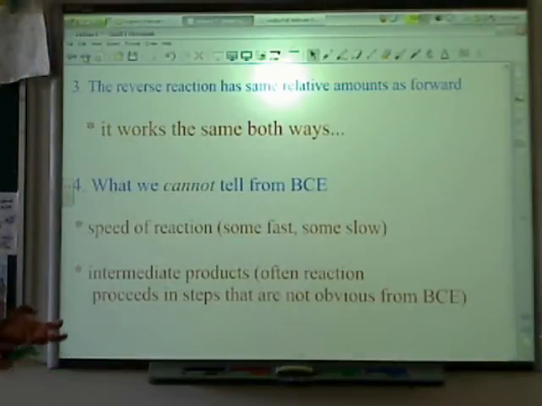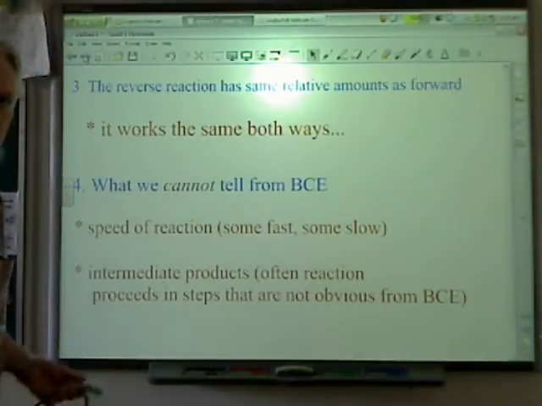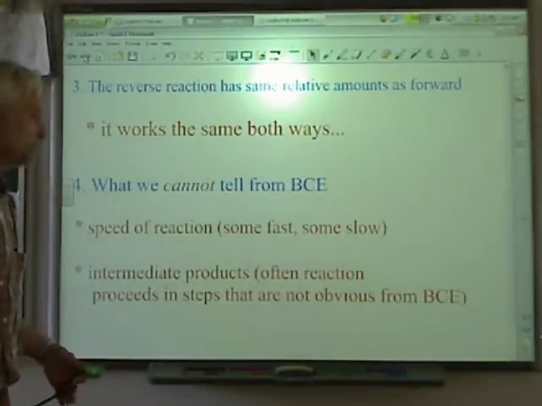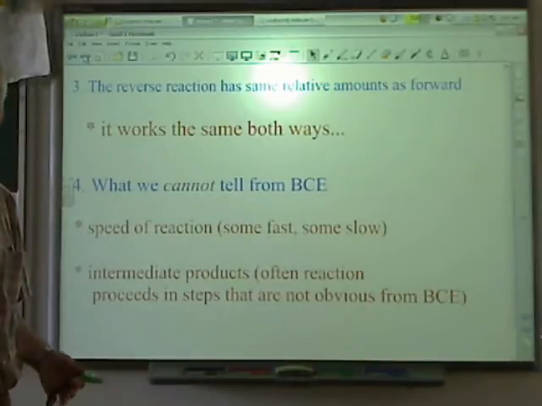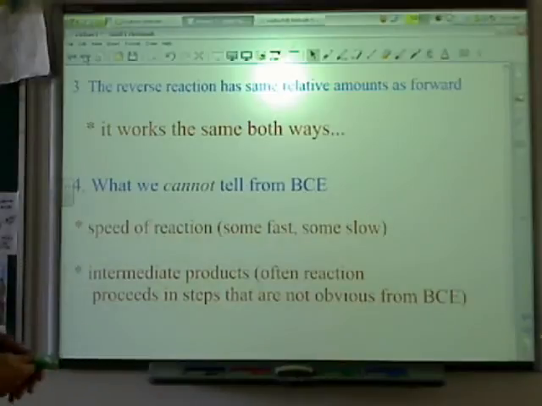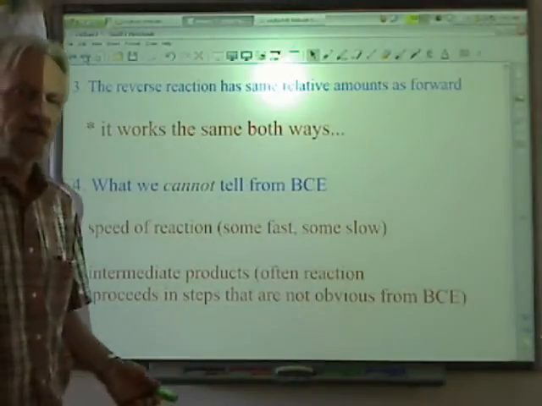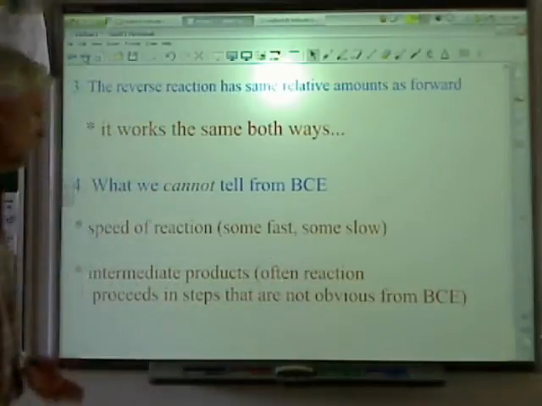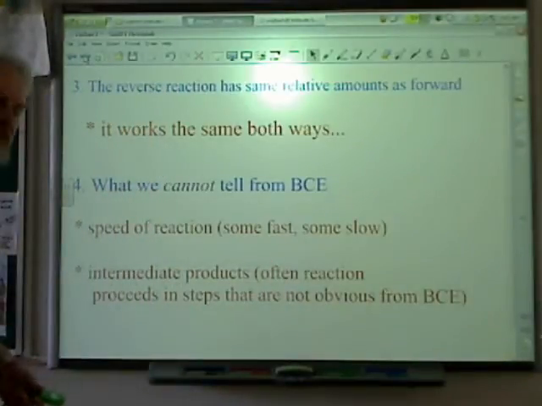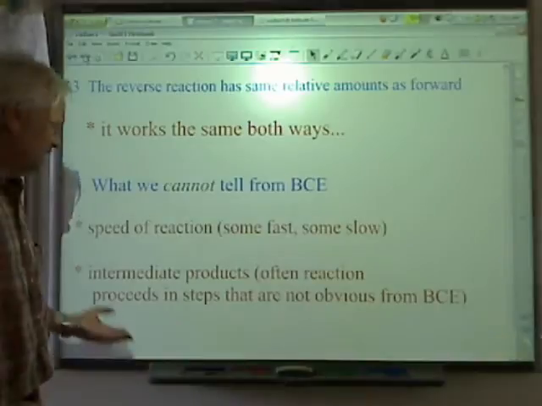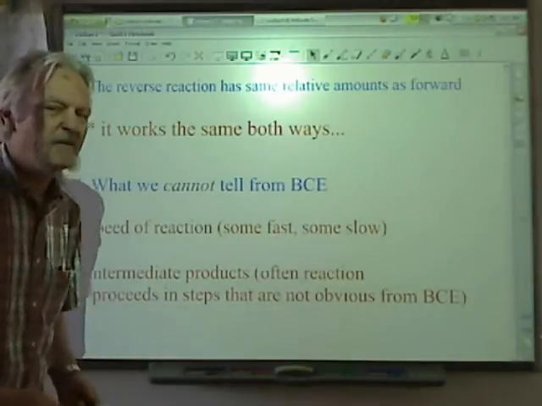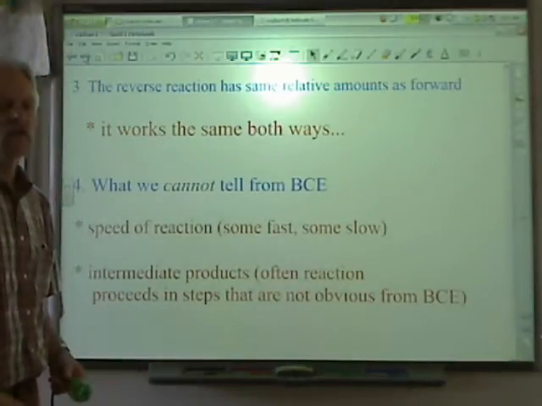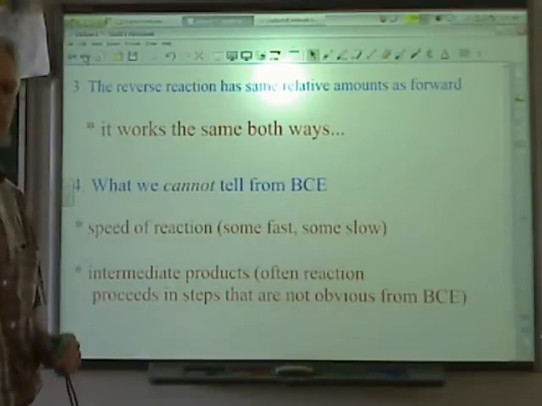But then two things that we cannot tell from that balanced chemical equation are what the speed of the reaction is, and the speed can vary widely. And we also can't tell specifically what, if any, intermediate products might have formed in the conversion of the reactants to their final products.